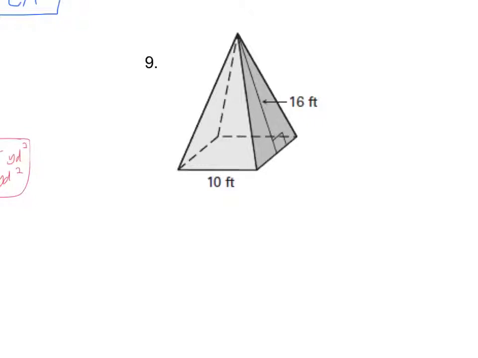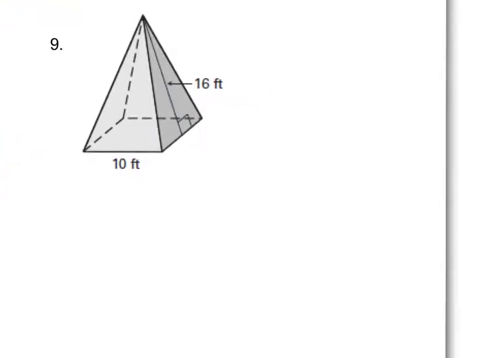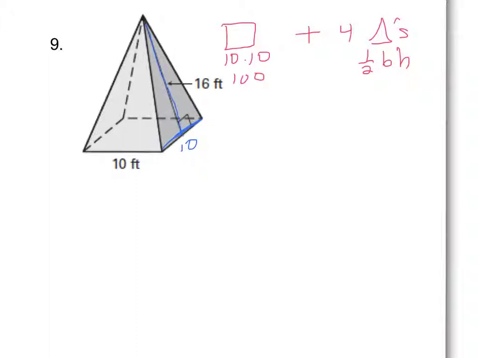Number 9, we have another pyramid. So for surface area, we are going to add up the base, which you can see is 10 by 10, 100, plus the 4 lateral face triangles. Each triangle is 1/2 base times height, and we actually know the base and height of each of those because the base is 10, and this height right here, 16, that actually is the height of that triangle.